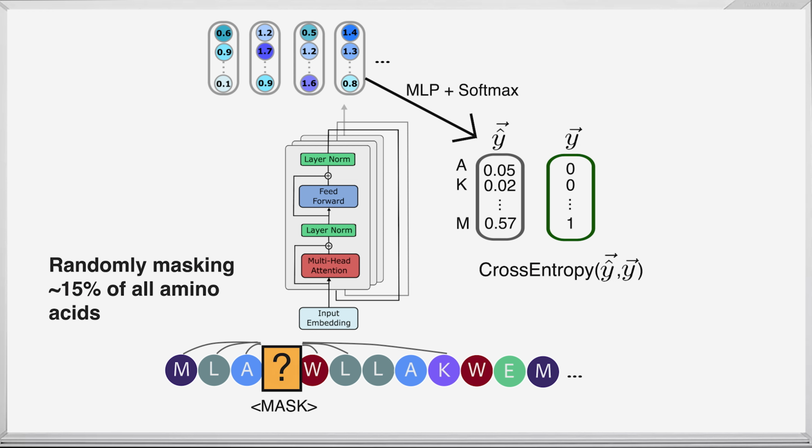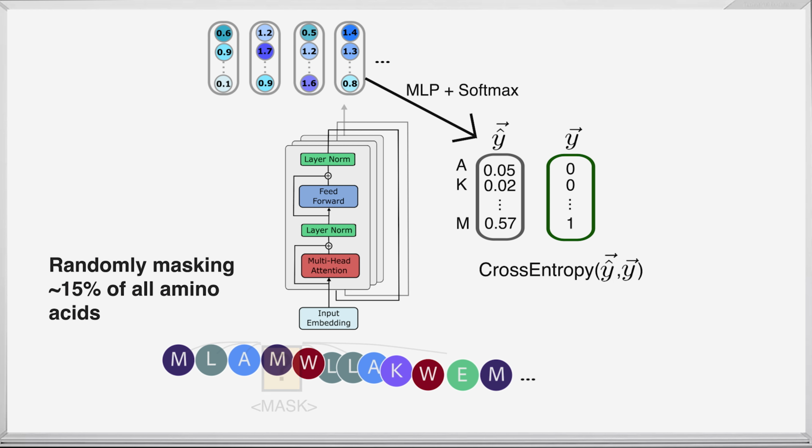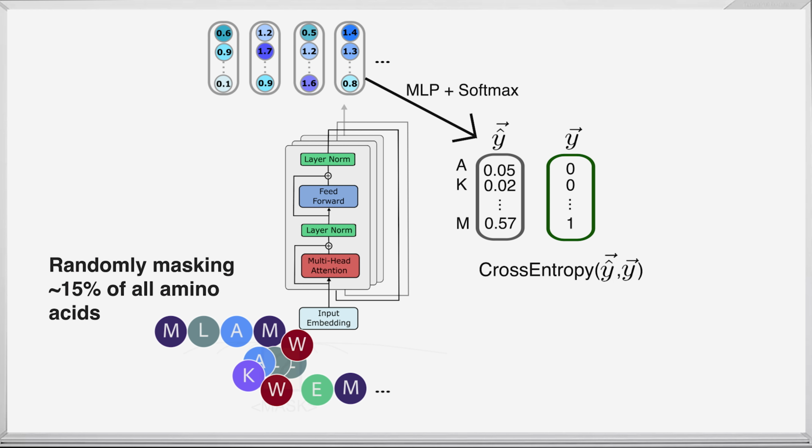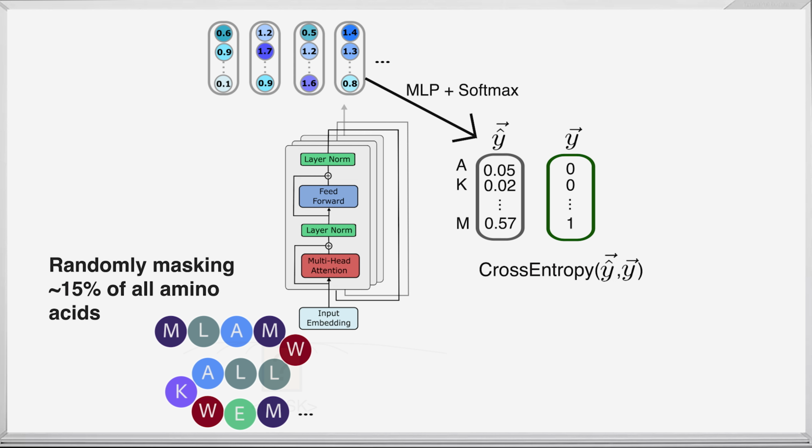We remember that the linear sequence folds into a 3D structure, and hence not only the amino acids that are close in the linear sequence, but also in the 3D structure are important to guess the type of the masked amino acids. The model thus learns the spatial context in which the amino acids are located, and it also learns the dependencies between amino acids, which is critical to understanding protein structure and function.